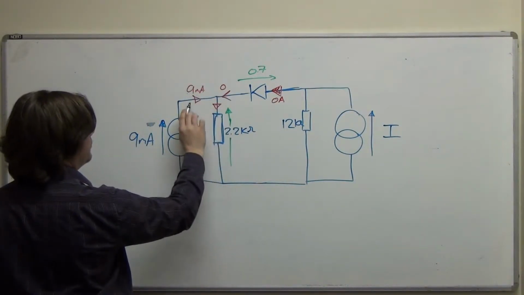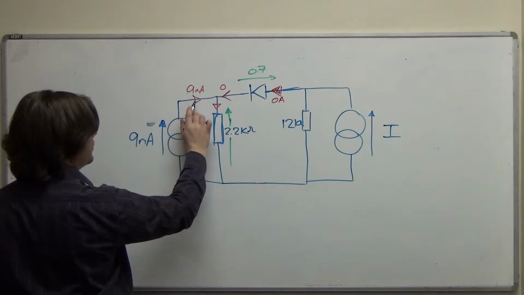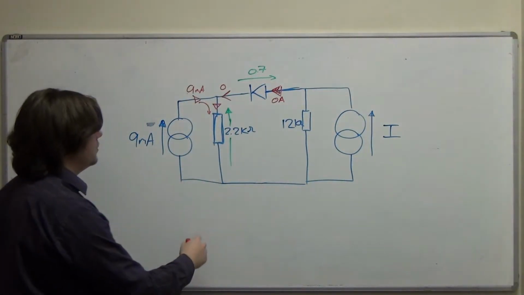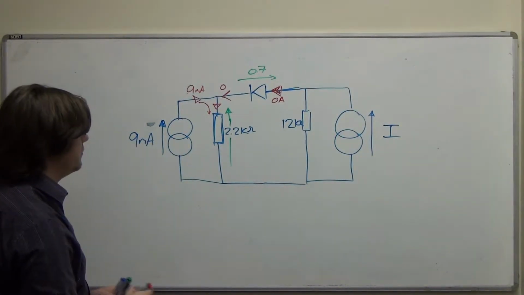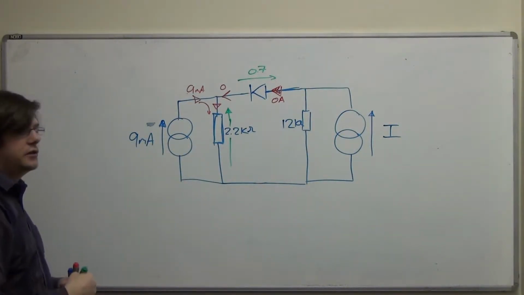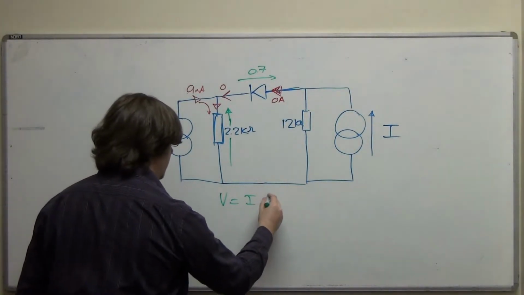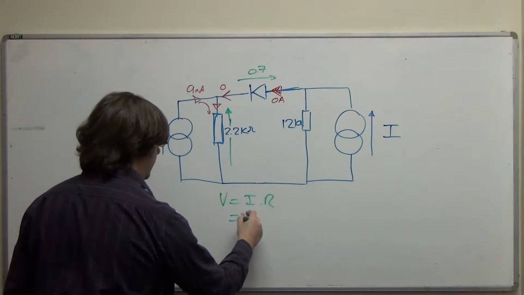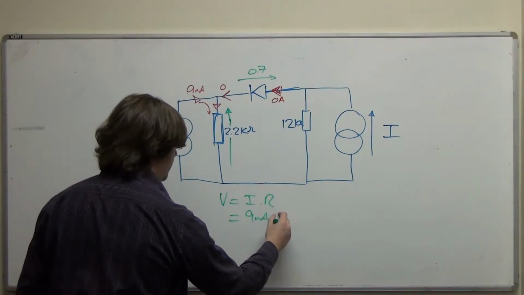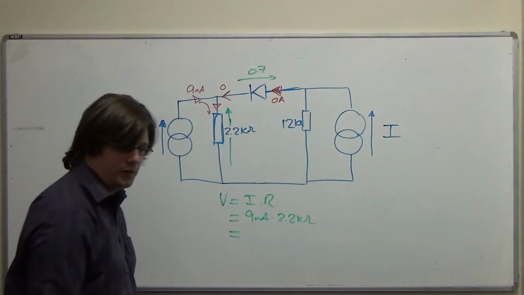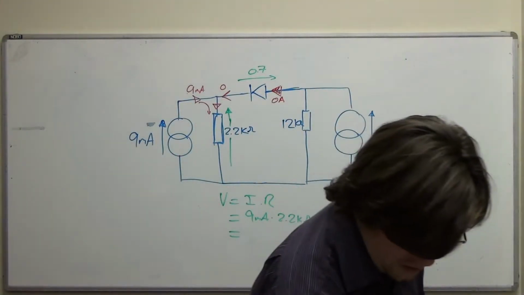Well, if that's 0 and that's 9, all of this 9 must be headed down there, in which case the current in the 2.2k resistor is 9 milliamps, and we can say, well, V is I times R, which is 9 milliamps times 2.2 kiloohms, and I think it was 19.4 from last time?